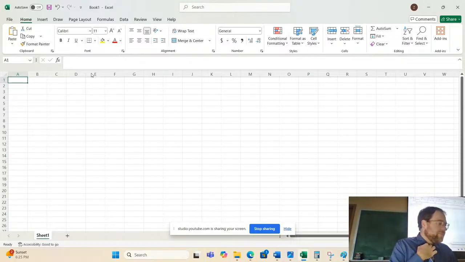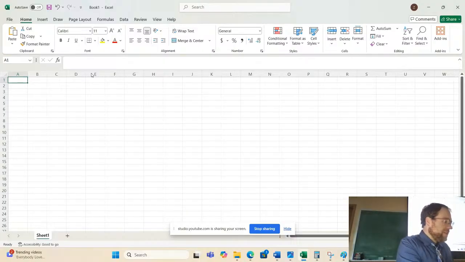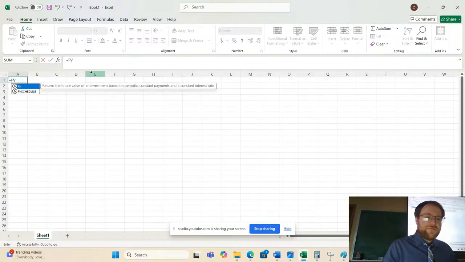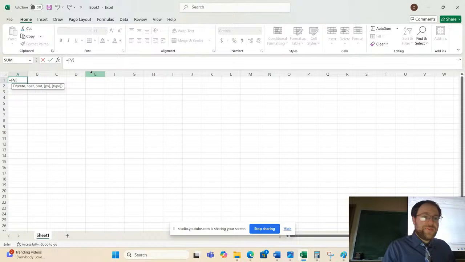Okay, so there is a formula here. So equals FV.